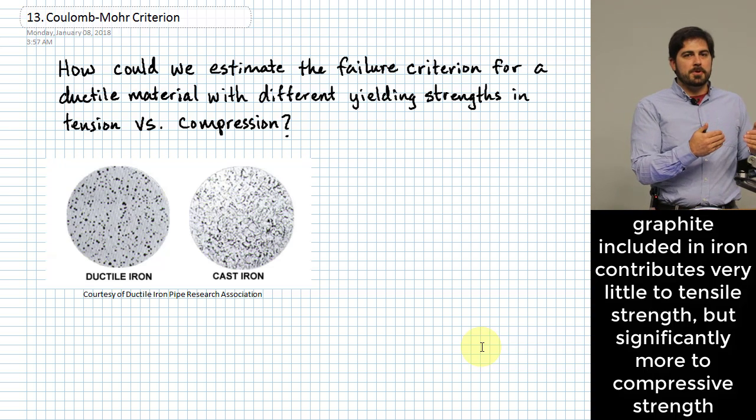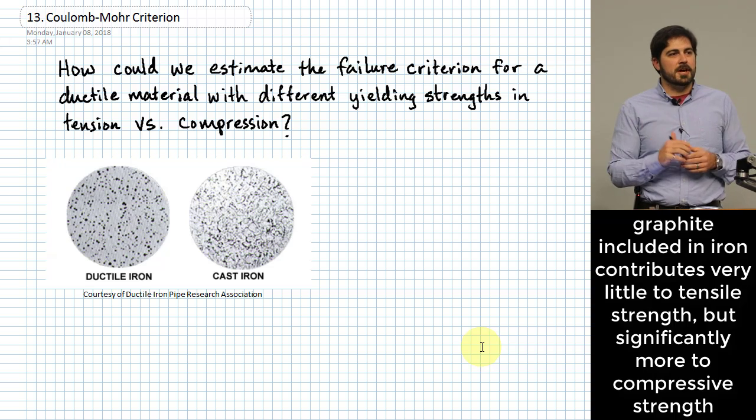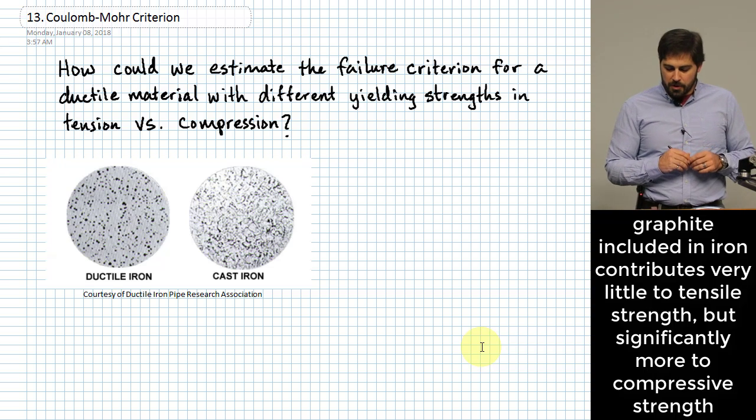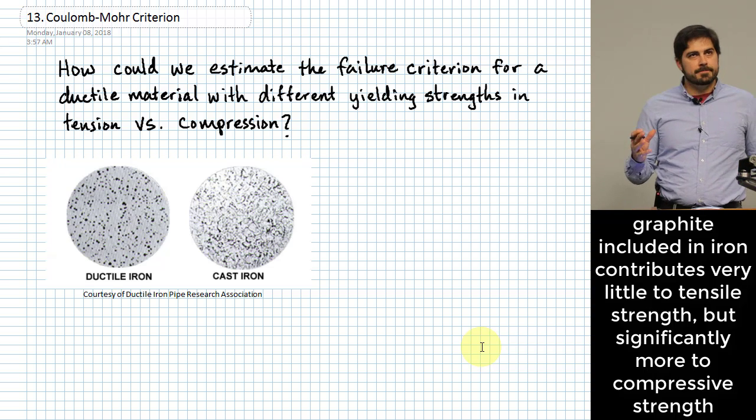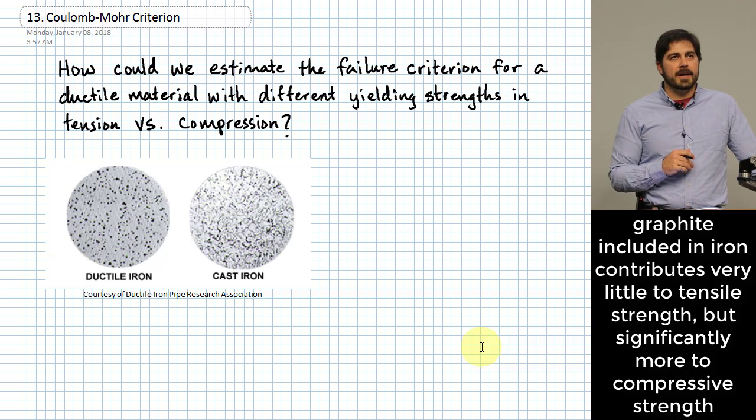The iron is the strongest part, and then it has this other stuff mixed in with it. What you see there with the cast iron in the figure on the right is how some irons, based on how they're processed, end up with graphite mixed in, in kind of a flaky way.